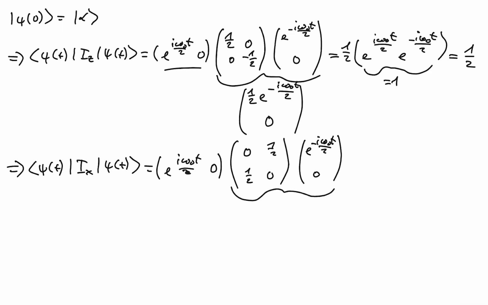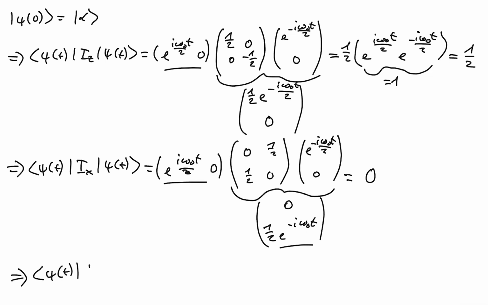And this gives the column vector 0 and 1/2 e to the minus i omega 0 t half. And so when we multiply the two vectors, the multiplication gives simply 0. And if you do the same calculation with the y operator, then you see this is also 0. I just see I forgot a 1/2 here.